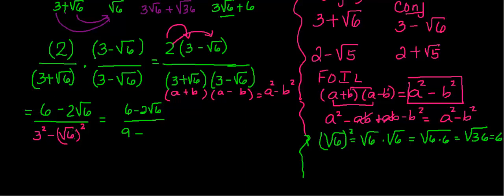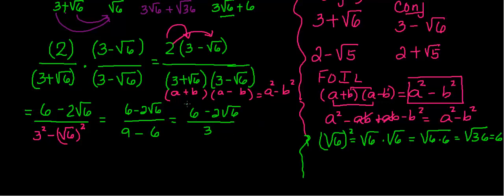So this is equal to 6. So the final answer looks like this. There you go. Now we can simplify 6 over 3 and have a 2, and then we can keep it.